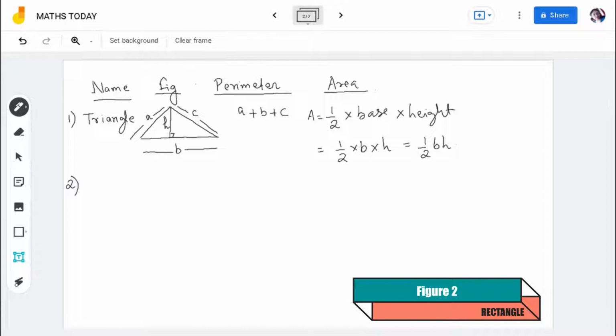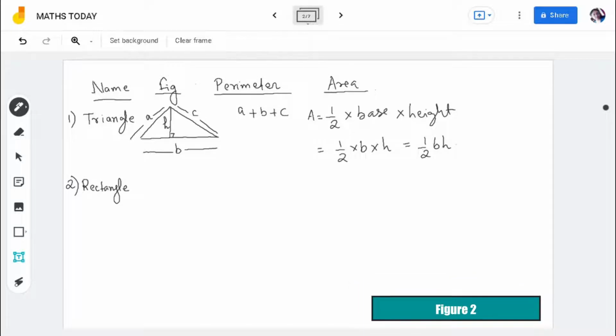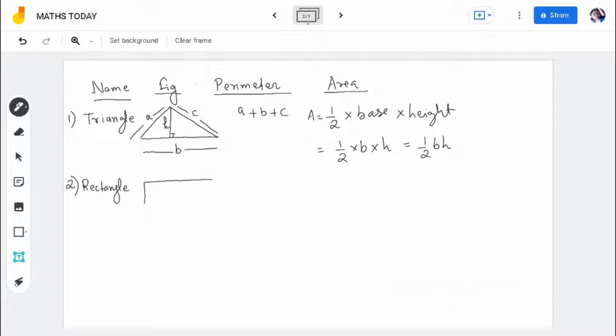Let's take it as a rectangle. Now how does a rectangle look? This is also a familiar figure for us. We have seen lots of rectangular figures around us. The top surface of a book looks like a rectangle, and a tabletop looks like a rectangle. What is the property of a rectangle? In a rectangle, opposite sides are equal to each other.